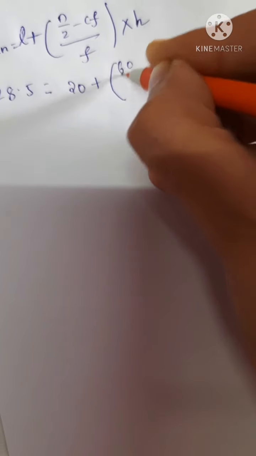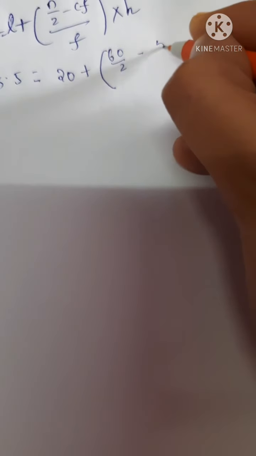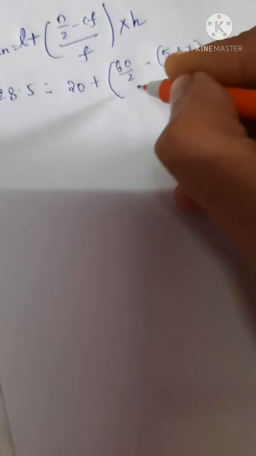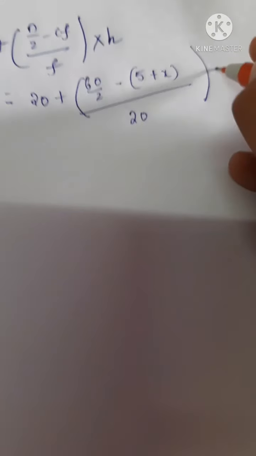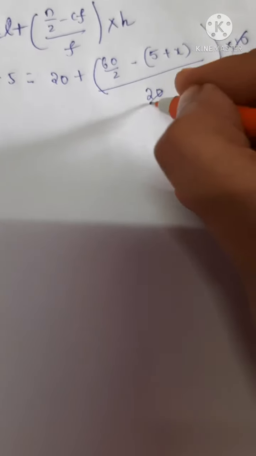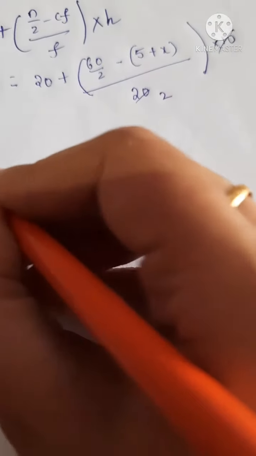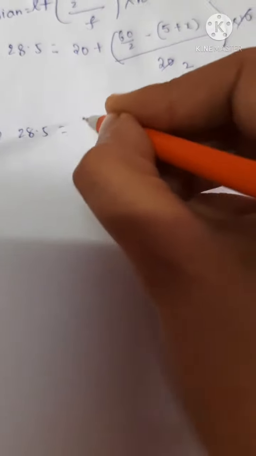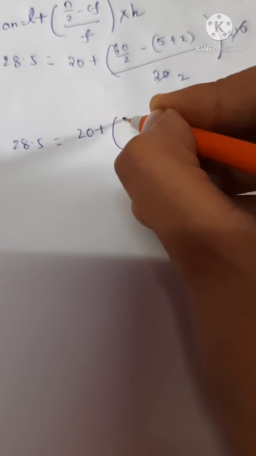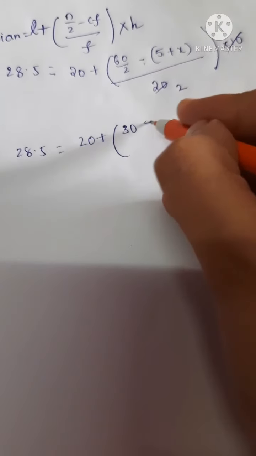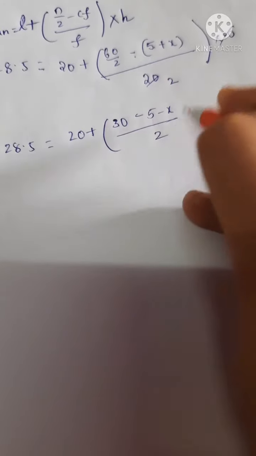Now see, median 28.5 equals L value 20 plus n by 2, n is 60 by 2, minus cumulative frequency 5 plus x, by frequency 20, into h, 10. So 10 ones, 10 twos. So 28.5 equals 20 plus 60 by 2, 30, minus 5 minus x, by 2.